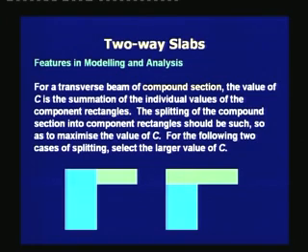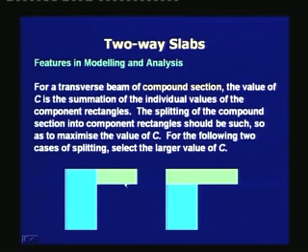For the following two cases of splitting, select the larger value of C. Thus, if we have an L-shaped transverse beam, then we can either split it into two rectangles as shown on the left, or we can split into two rectangles which is on the right.